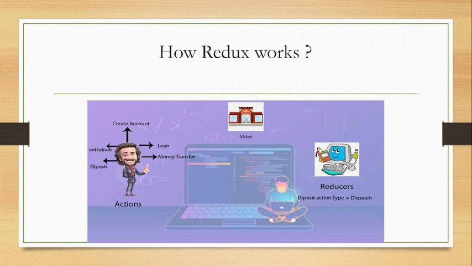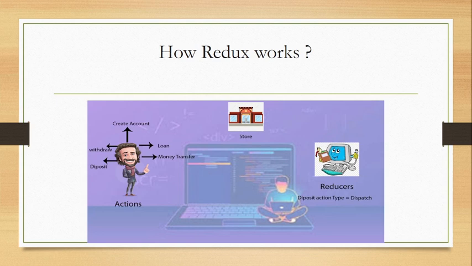How Redux works. Here I created one image to describe how Redux works. I already told you that actions are the dynamic force of every dynamic application, as they are the medium by which all changes are communicated with each other in the Redux application.